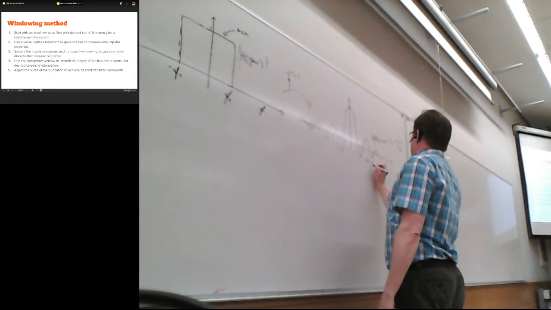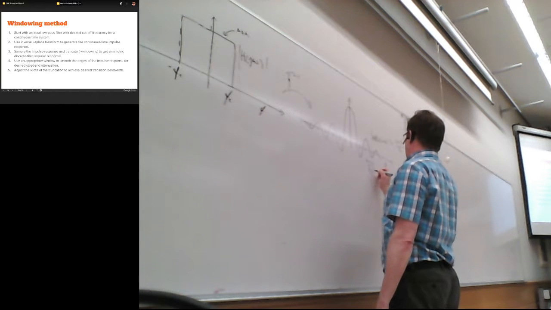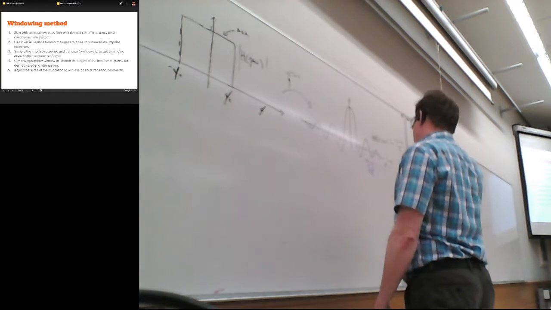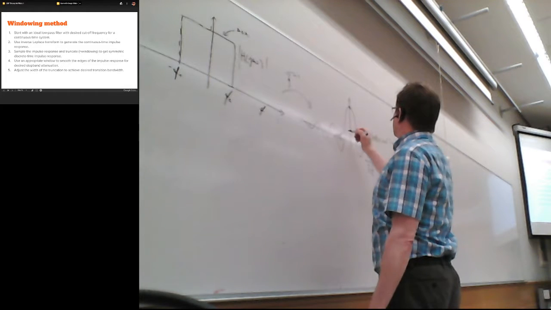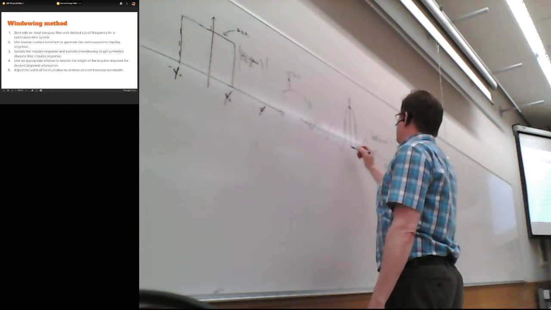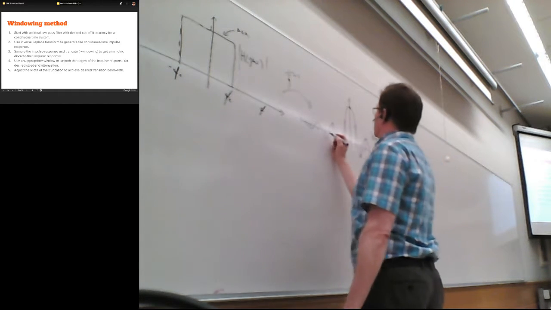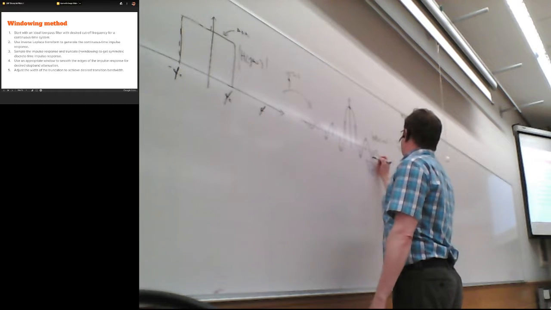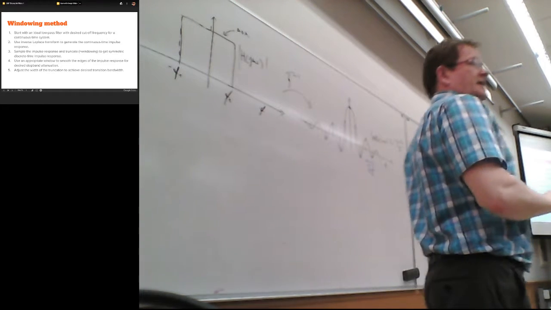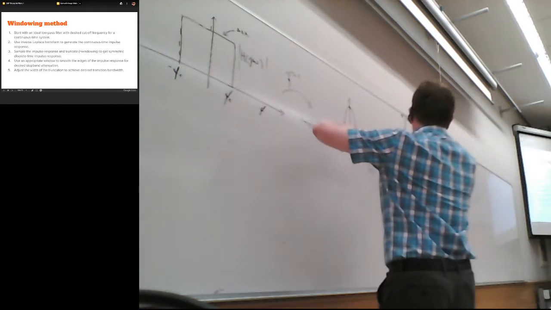With a sampling rate of Ts is 1 over Fs, and we get a sampled sinc function, which is totally useless unless you cut it, since this is an infinite impulse response function.